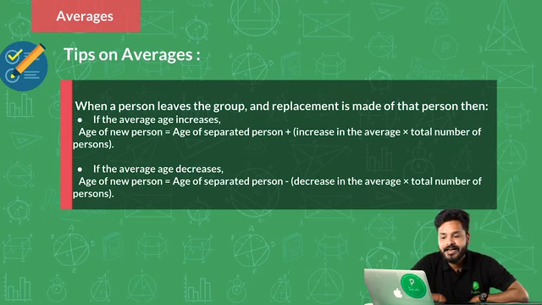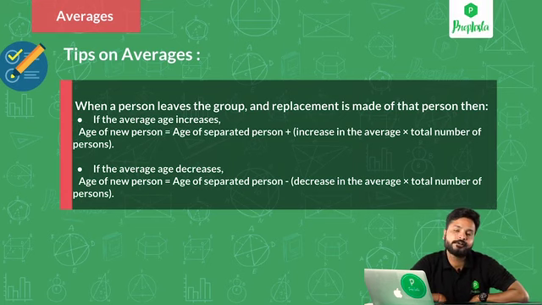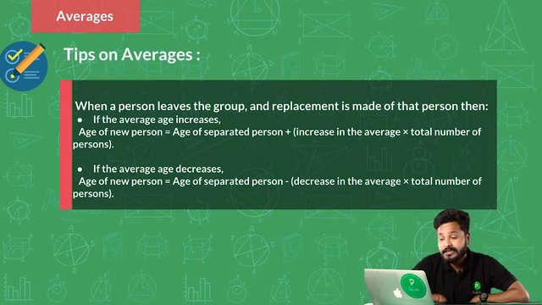Similarly, if the average age decreases, the age of the new person will be the age of the old person minus the decrease in the average times the total number of persons. So here come the two standard formulas. We'll definitely solve questions using this when we start solving questions on averages, right?